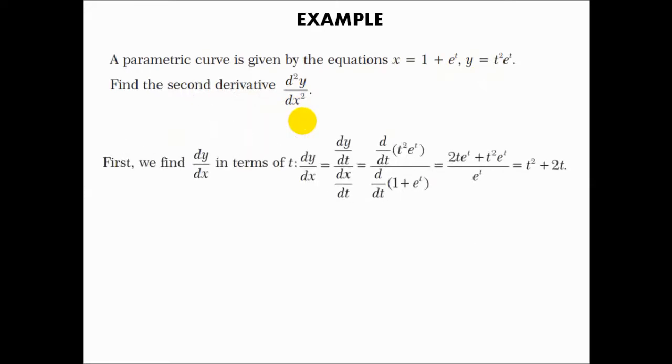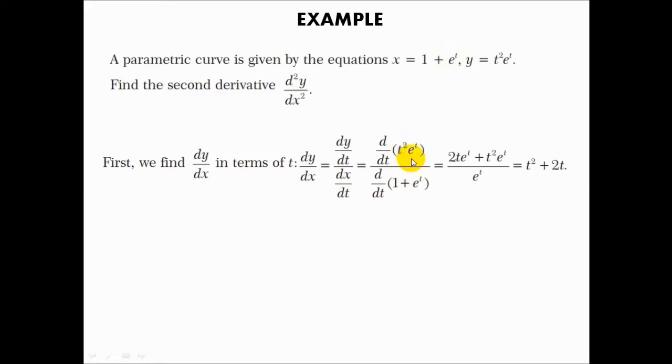As before, first we must find dy over dx, which is dy over dt over dx over dt. So y is t squared times e to the power of t, and x is 1 plus e to the power of t.